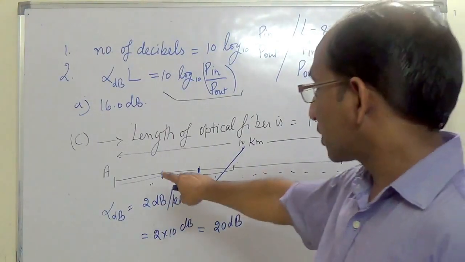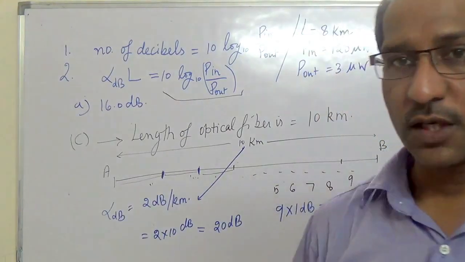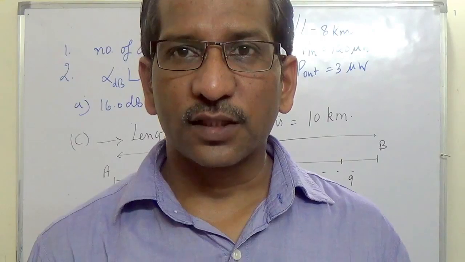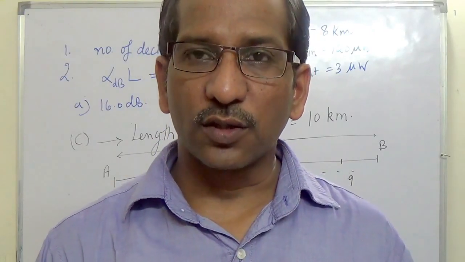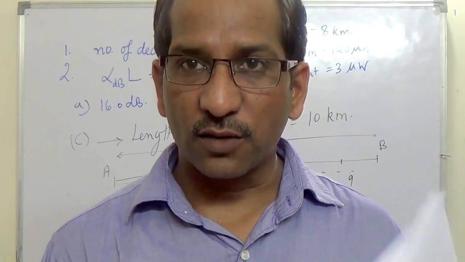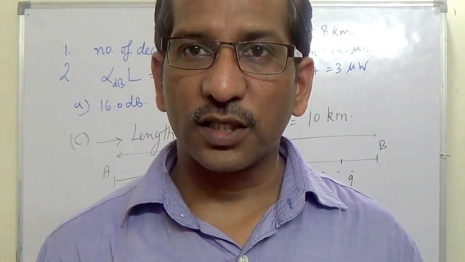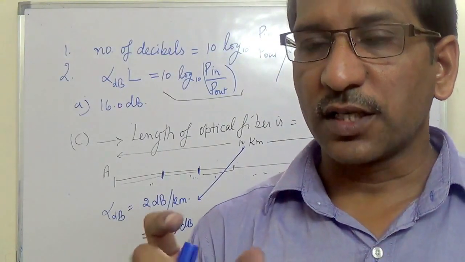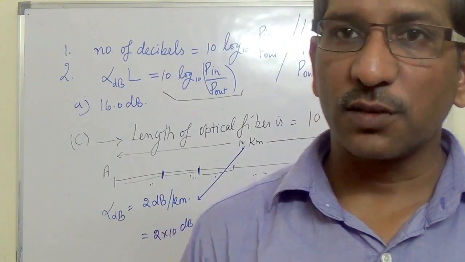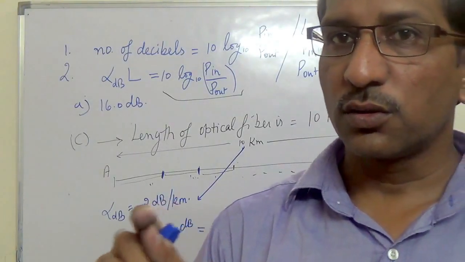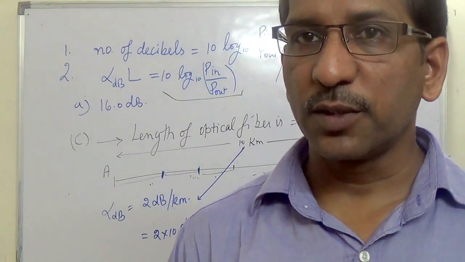And in the first case, the length of the optical fiber is 10 kilometer, right? So the overall loss of the signal, the attenuation for the 10 kilometer length of the optical fiber, will be 2 into 10 decibel, that will be 20.